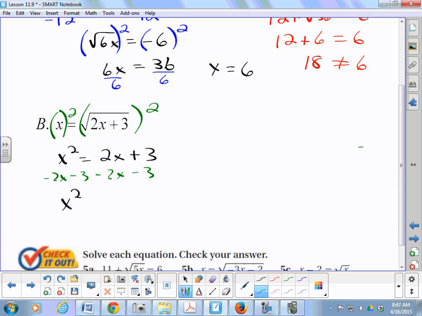So we get x squared minus 2x minus 3 equals 0. Now we have a quadratic equation equal to 0.